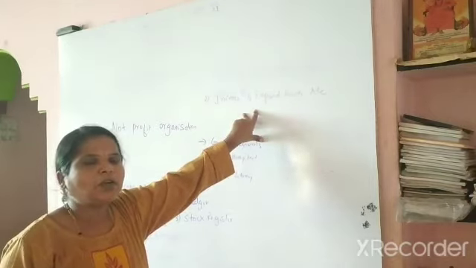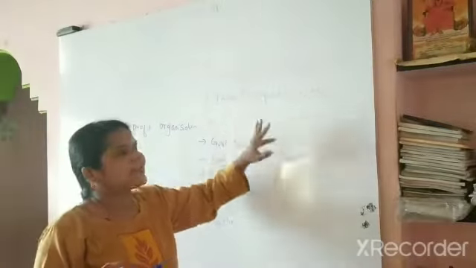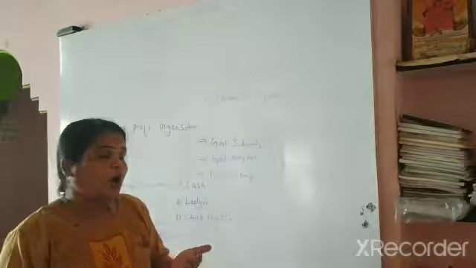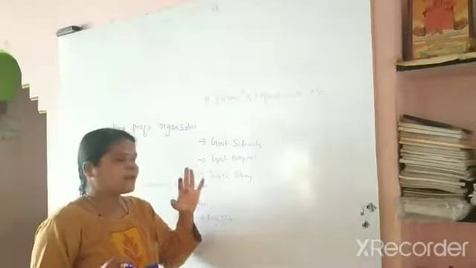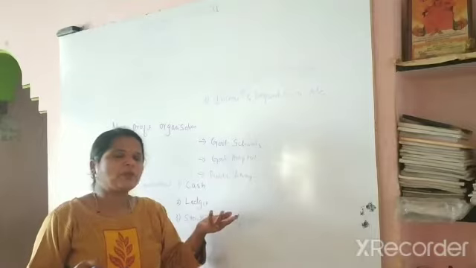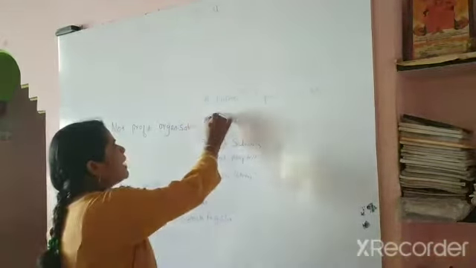In a profit organization we call it net profit, whereas in the income and expenditure account, we call it a surplus or a deficit, that is, excess of income over expenditure or excess of expenditure over income.